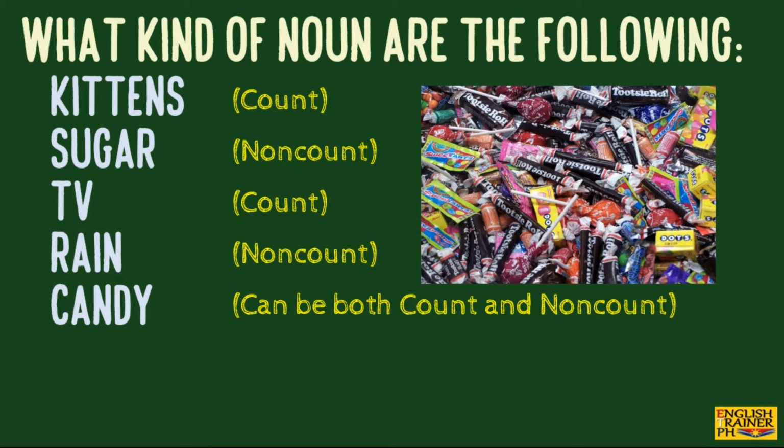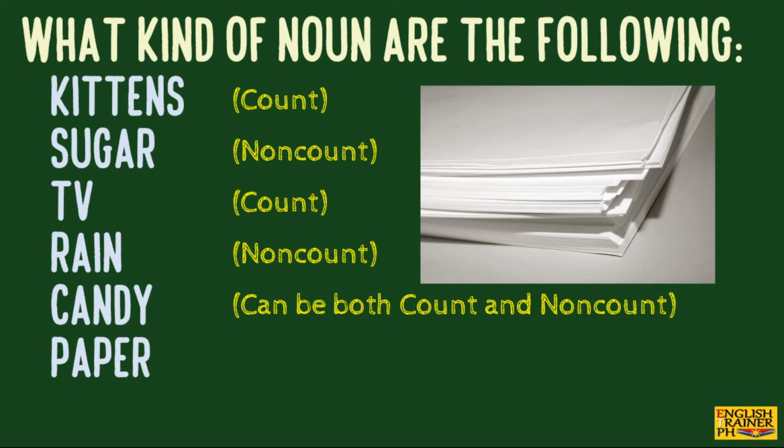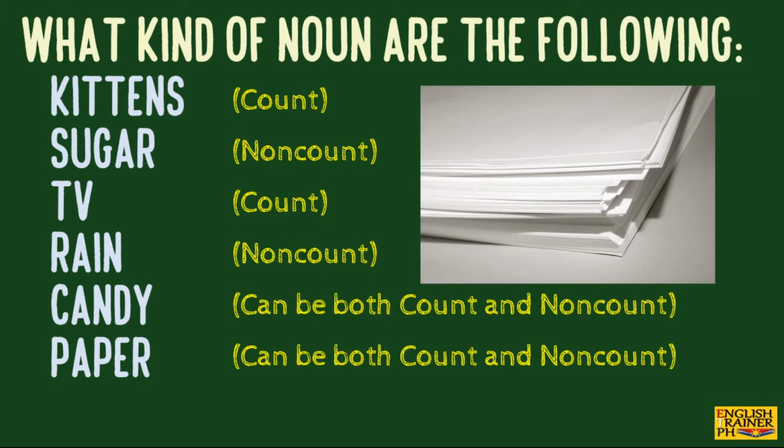It may be confusing at first, but there are nouns that can be both count and non-count depending on the usage. The last example that we have can also be count and non-count. The material, which is paper, is a non-count noun, while paper, if we talk about a report or the newspaper perhaps, then these are countable.